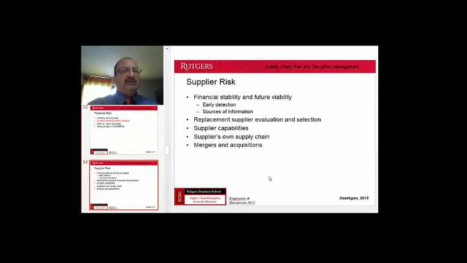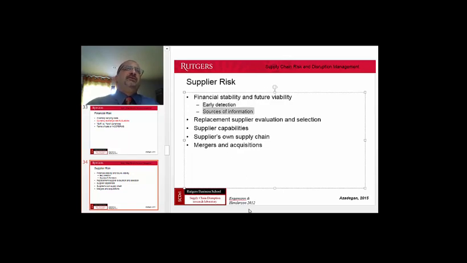Let's talk about supplier risk. That's the focus essentially here. Financial stability of suppliers becomes more and more important as we rely more and more on them. And so the ability to monitor, evaluate, and select good suppliers that are healthy from a financial standpoint, can pay their bills, is important.